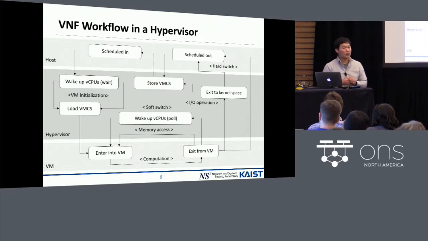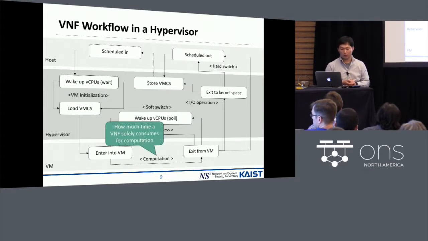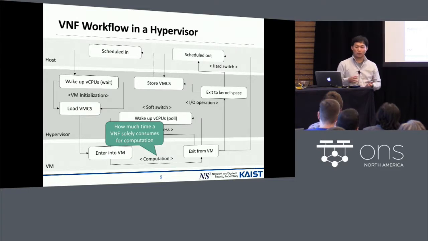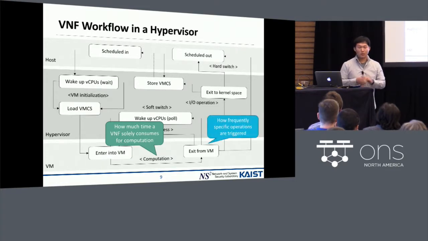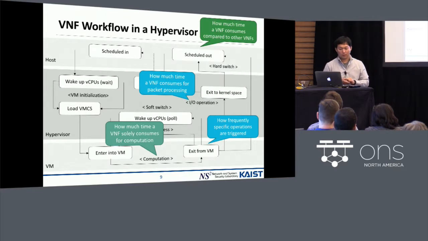So by understanding how a VNF works in a hypervisor, we can figure out how much time a VNF solely consumes for computation, or what kinds of operations are frequently triggered, or how much time a VNF consumes compared to the other VNFs. So in turn, based on these kinds of points, we can narrow down the possible reasons of performance issues.